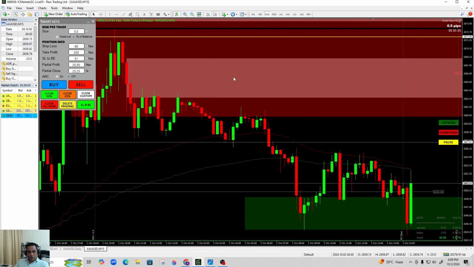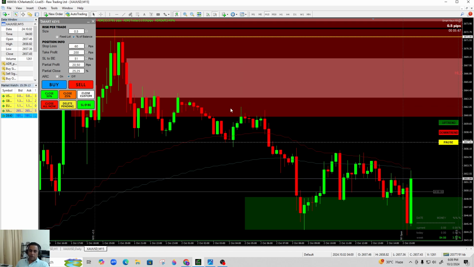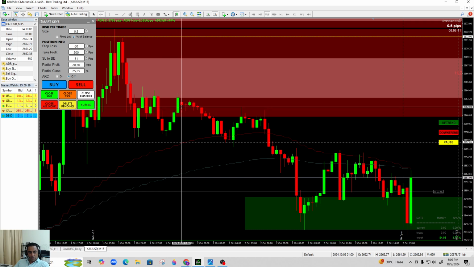So on the M15, it's easier to look at because you can see the highs and the lows of the session very clearly. So that is where the market opened today, right there, a small gap.